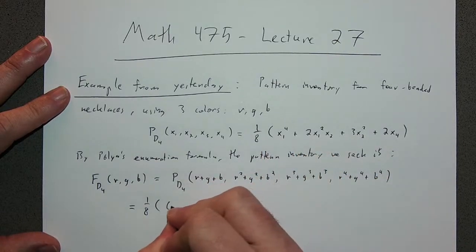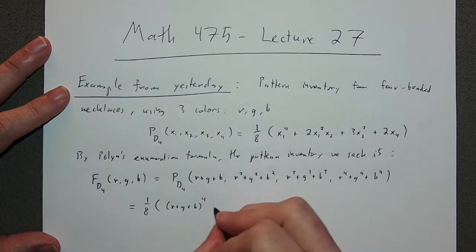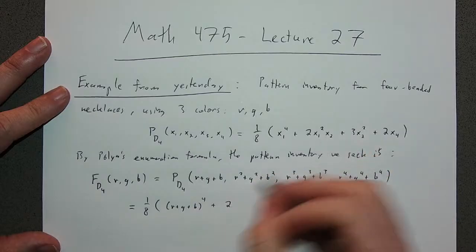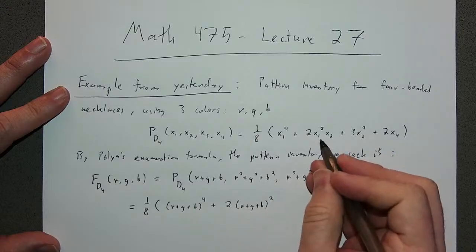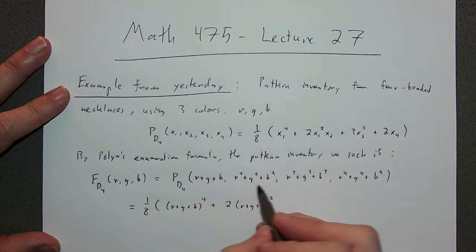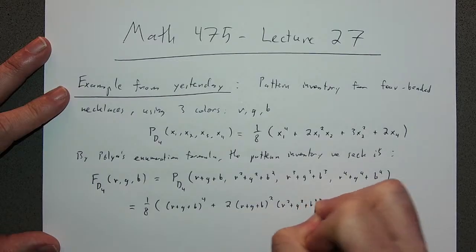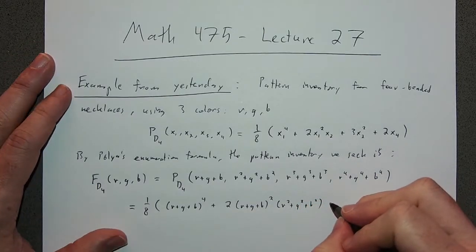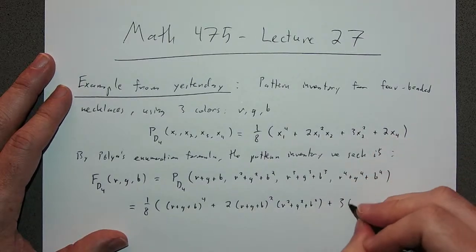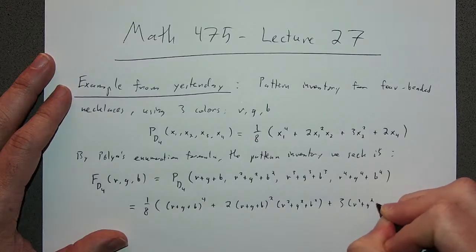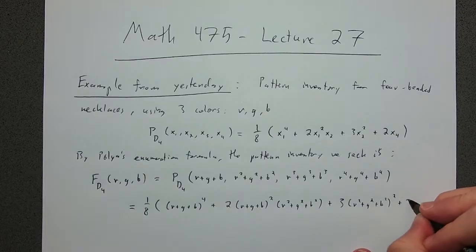So this would be 1/8 times r plus g plus b to the fourth, plus 2 times r plus g plus b all squared, times x sub 2 being plugged in the second slot, which is the sum of the squares here, so r squared plus g squared plus b squared, plus 3 times x sub 2 squared, so this would be r squared plus g squared plus b squared all squared, plus 2 times x sub 4.